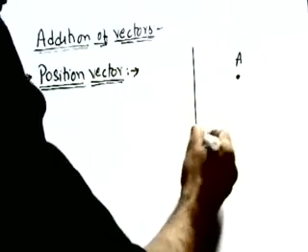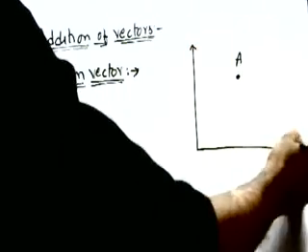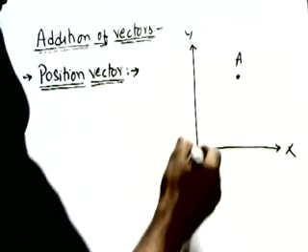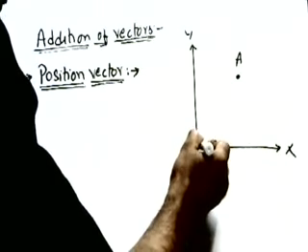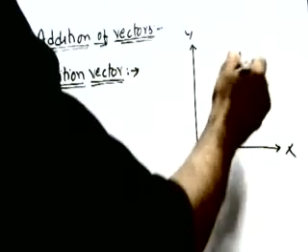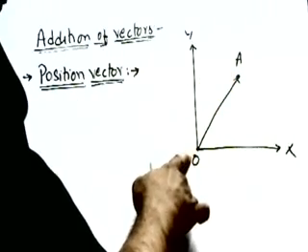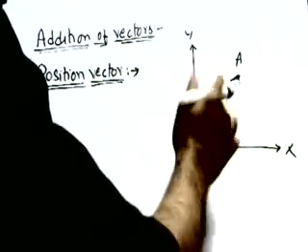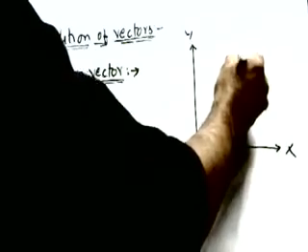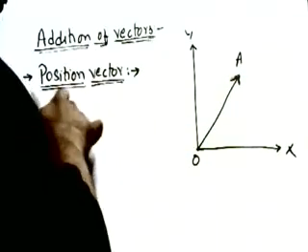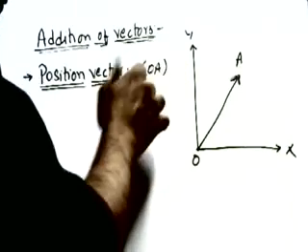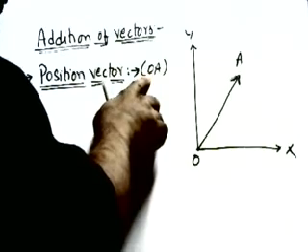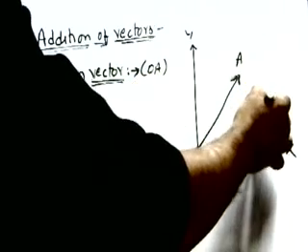So when we have to define a point in vector form, we take a reference axis and a fixed point O. The vector which represents the direction and magnitude of the point A from the reference point O is denoted by OA. This is the vector which represents the point A with respect to the reference point O.